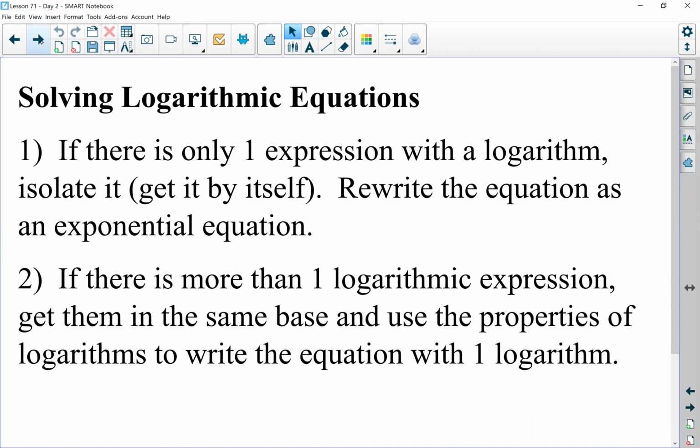If there's more than one logarithmic expression, what we're going to do is get them so they have the same base using either the change of base formula or our properties of logarithms, so that we can write it so we only have one expression with only one logarithm in there, and then we can go back up to step one and work them out that way.